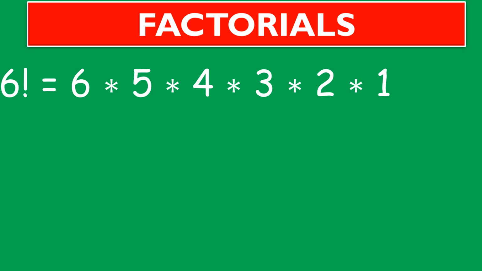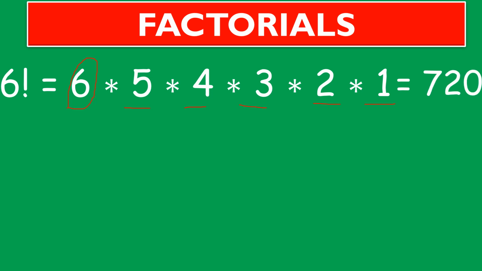Like I said earlier, 6 factorial, you start with your 6, go one step down 5, another step down 4, another step down 3, one step down 2, and then until you get to 1. So it is 6 times 5 times 4 times 3 times 2 and times 1. And that gives us 720.